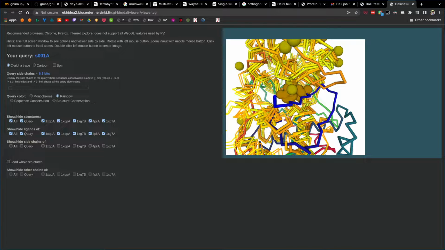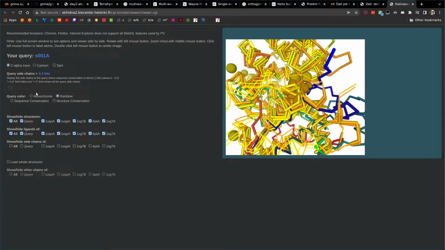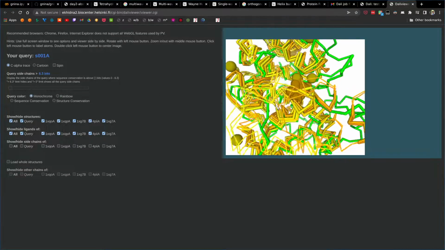Query color. Oh, just make it a rainbow and then see. Oh, actually, this monochrome is better.